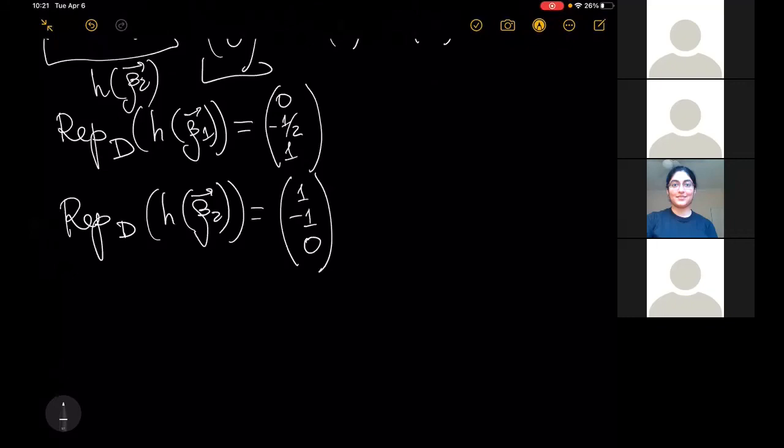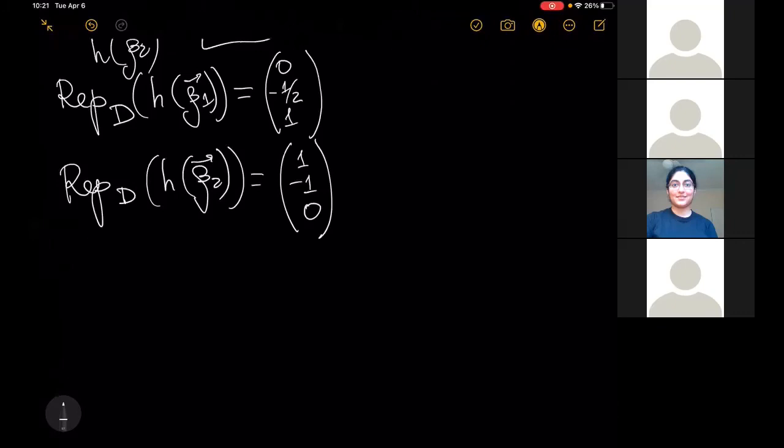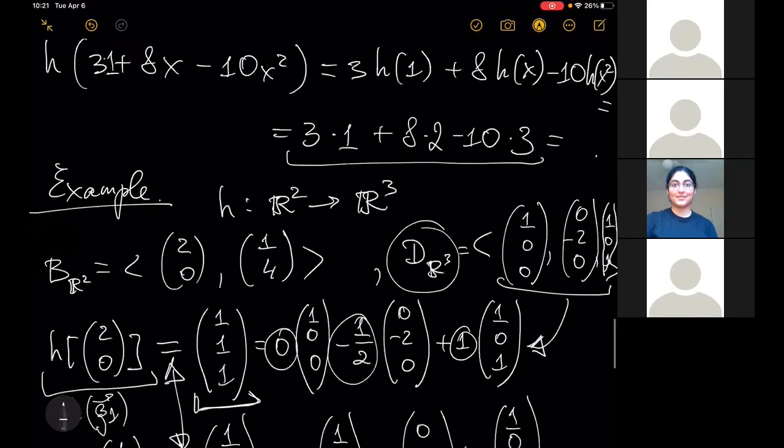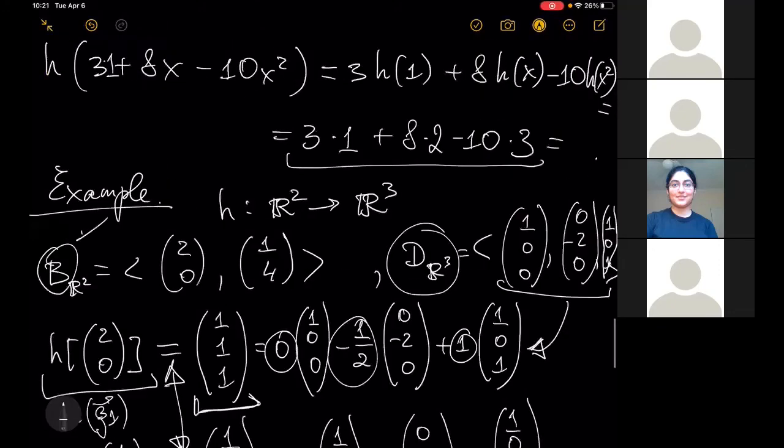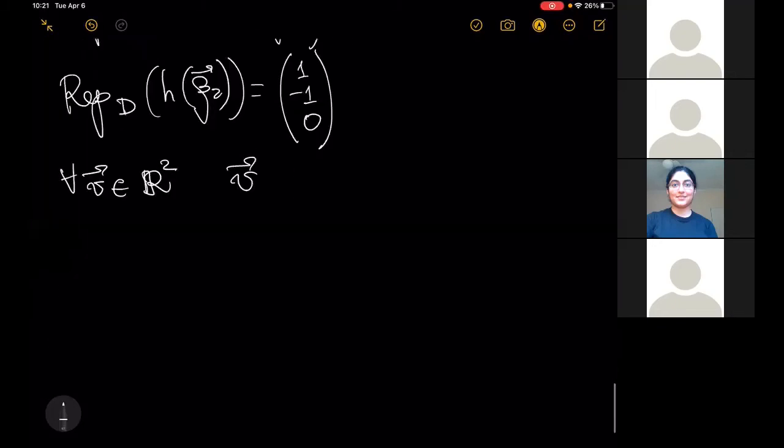Great. Now, with respect to any V belonging to R2, I know that B is the basis in R2. So any vector can be represented as, for example, C1 beta 1 plus C2 beta 2.